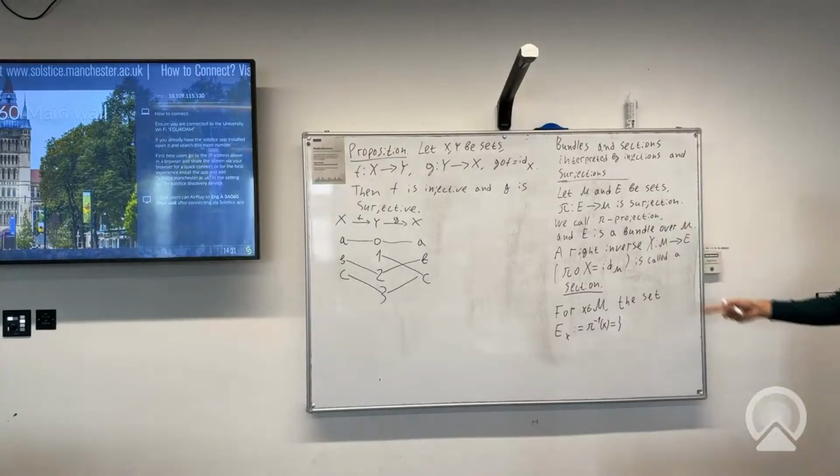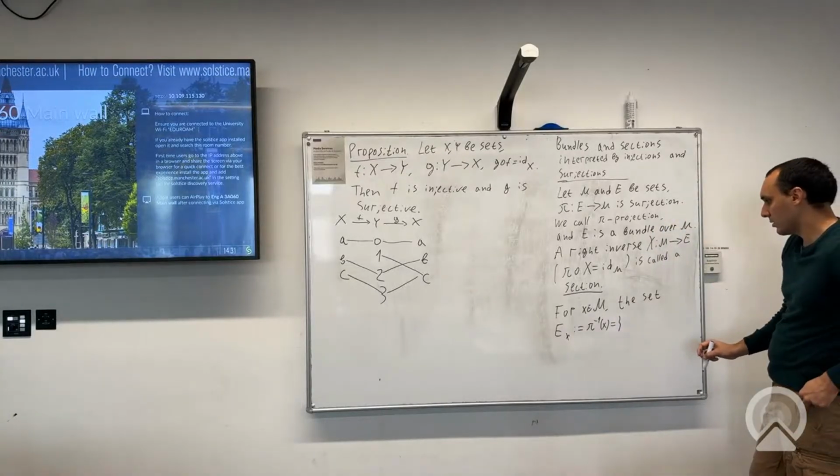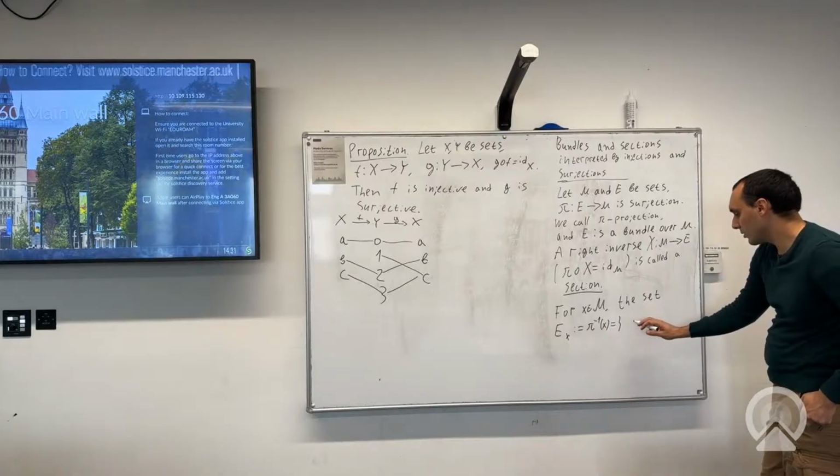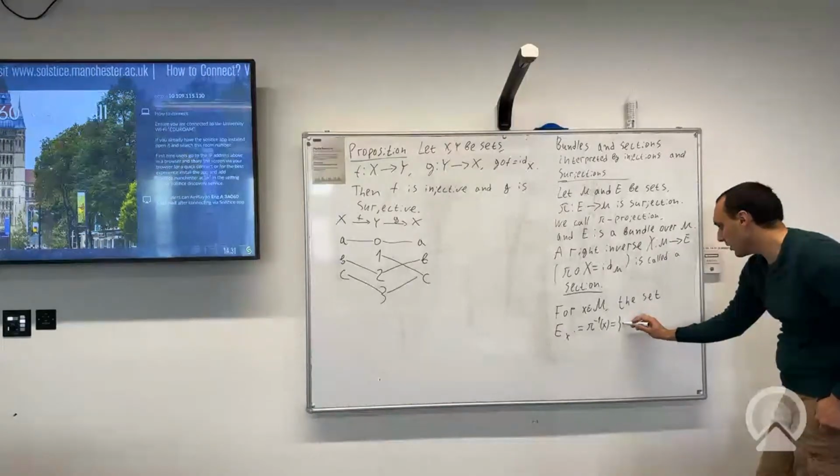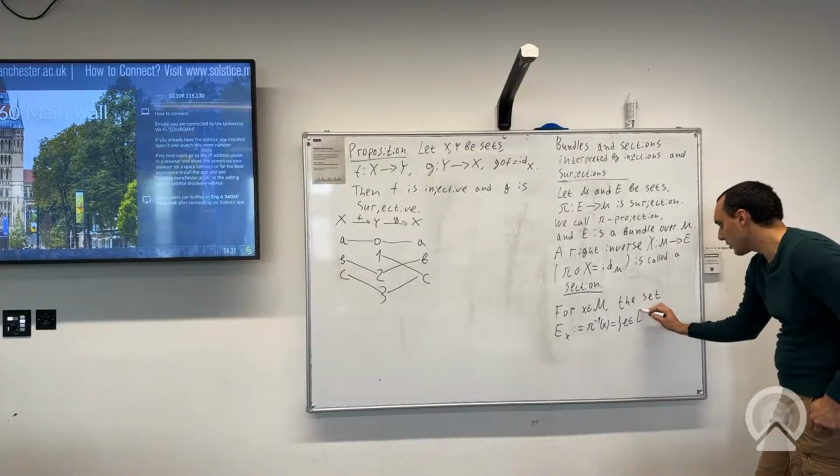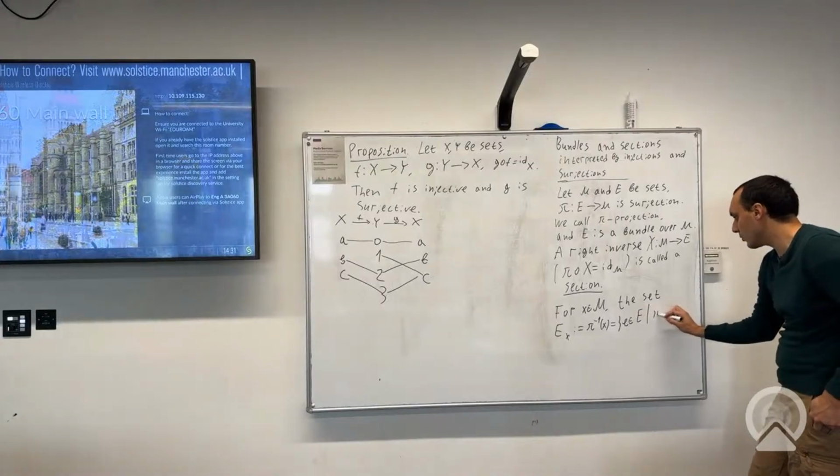The preimage is all the points that map to x. So this is all the points e such that P of e equals x.